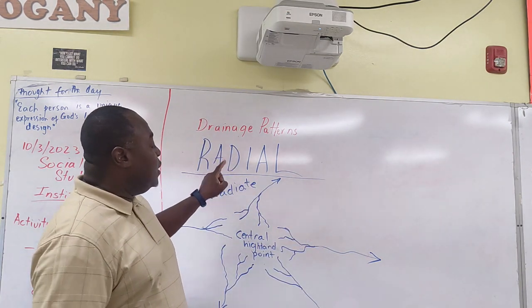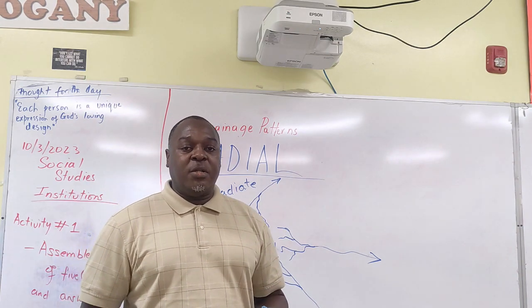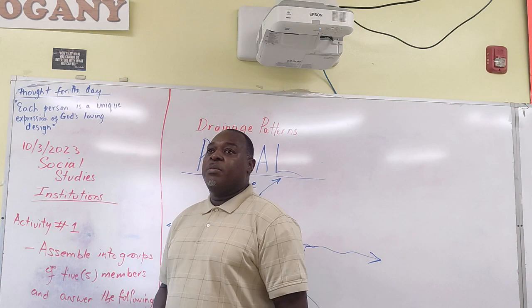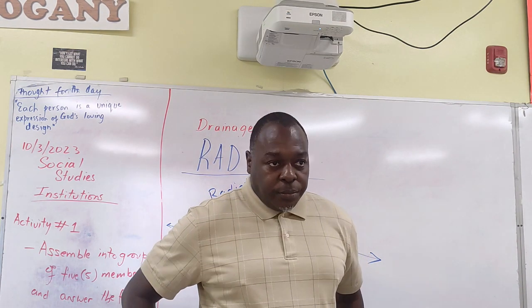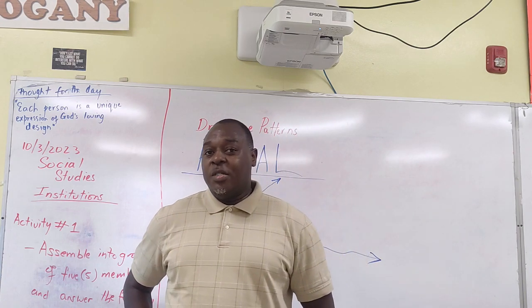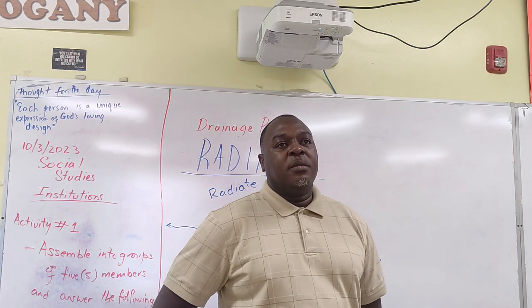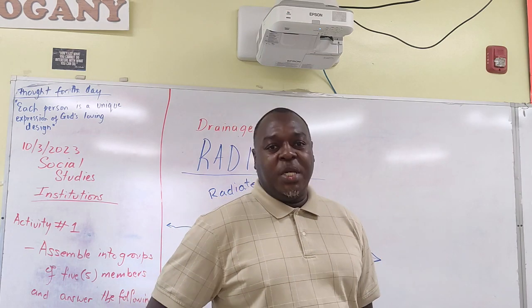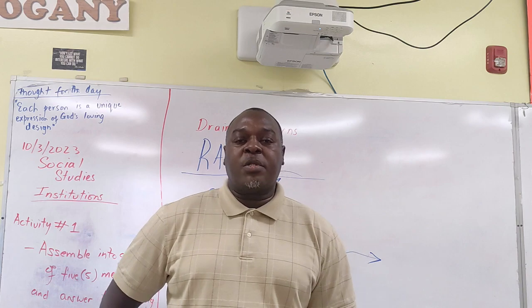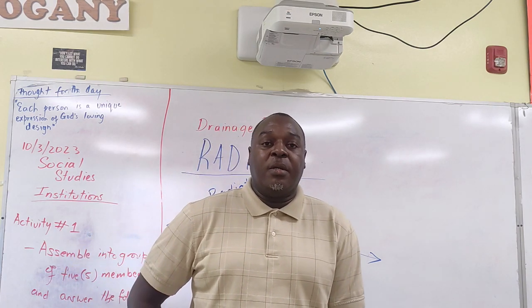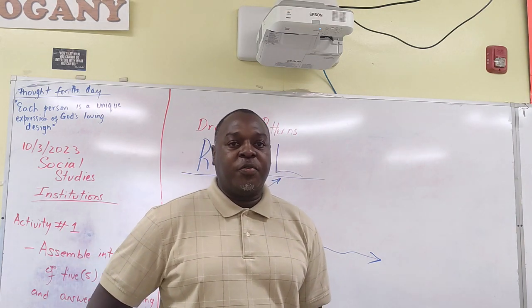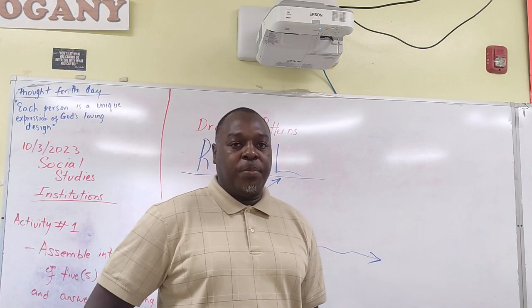So the radial pattern is formed around a central feature like a hill or a volcano, and that is why if you get a map from, let's say, St. Vincent and the Grenadines, or Montserrat, not really a Jamaican map per se, but some of these countries in the Eastern Caribbean, then you might be asked the question, identify the type of drainage pattern seen on the map.